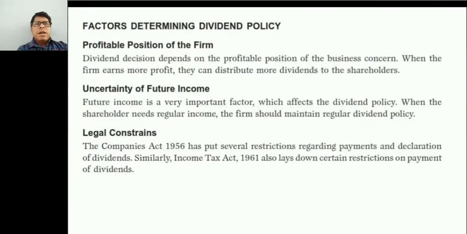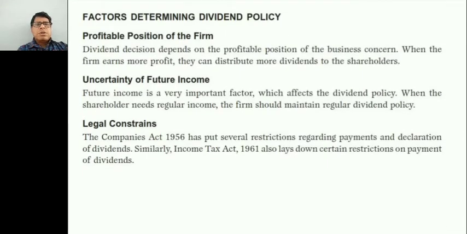Now, there are some factors which are also kept in mind while determining the dividend policy. First, we need to think about the profitable position of the firm, because dividend is paid out of profit, so we need to understand whether the company will be able to pay the dividend or not.